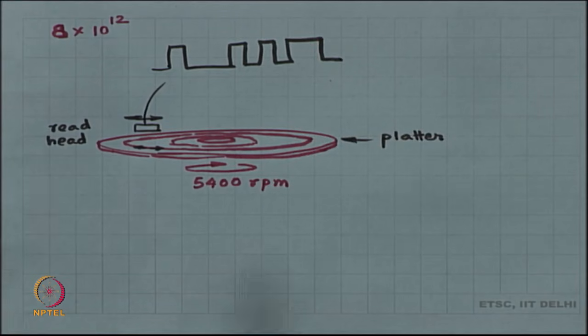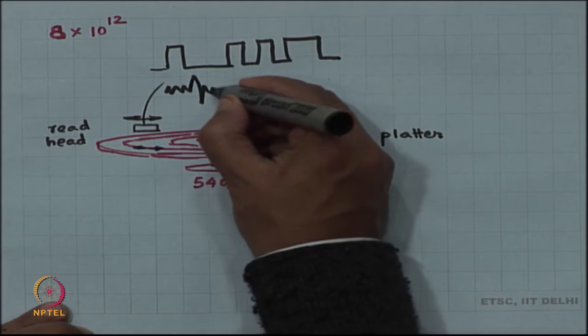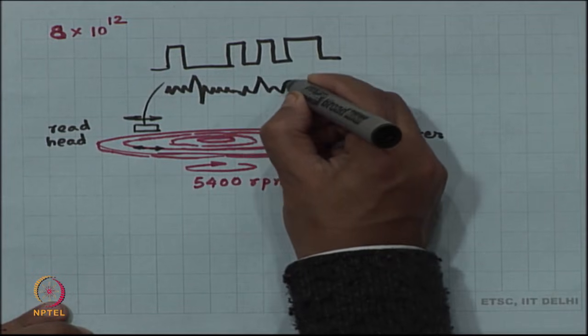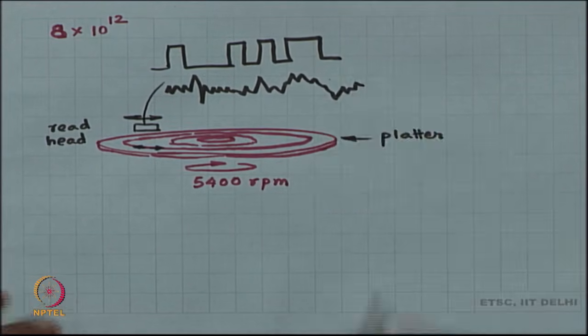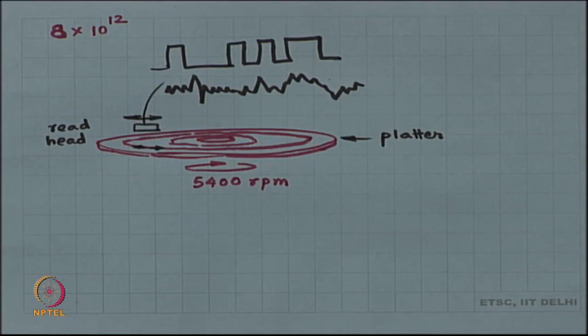In fact, it has no resemblance to ones and zeros at all, it probably looks like some noisy signal. And this signal has to be amplified, then you have to do a significant amount of signal processing to work out exactly what those bits were that were residing on the platter.